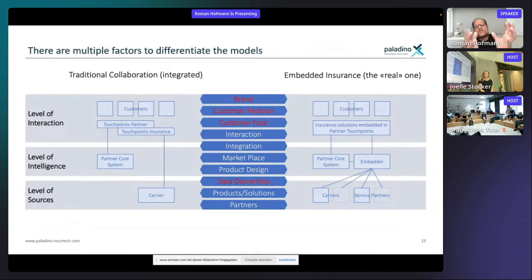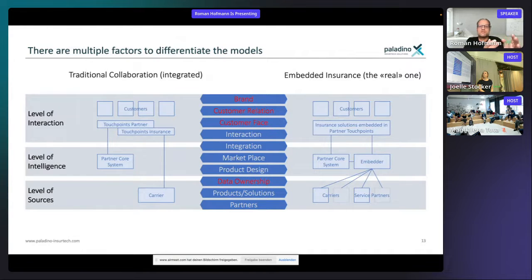If I try to design the models to show you the difference: normally, what you have is just a collaboration between a third-party company and, let's say, a bank or insurance company. And it's a one-to-one relation. They just push what they have in their pocket to the front. So the product stays the same, the process stays the same.